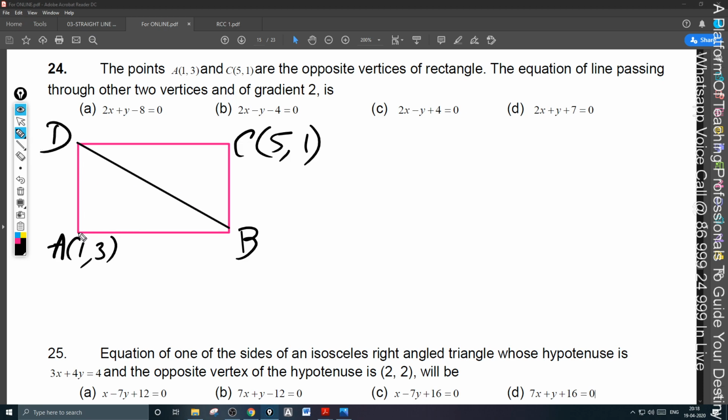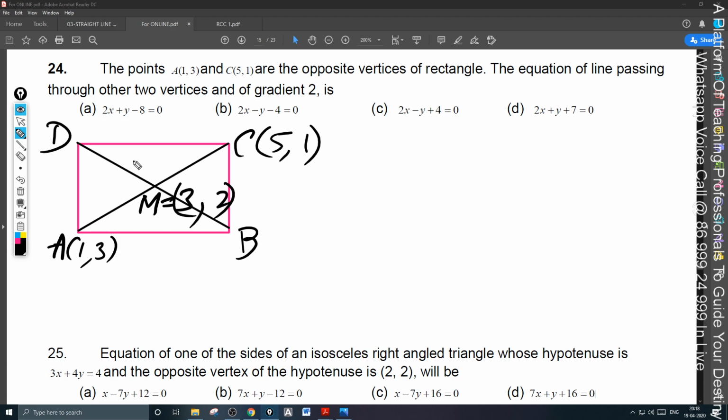And you know, the diagonals in a rectangle, parallelogram, square or rhombus bisect each other. Bisect each other means the midpoint of AC is the midpoint of BD. So let me find the midpoint of AC, which is 3, 2.